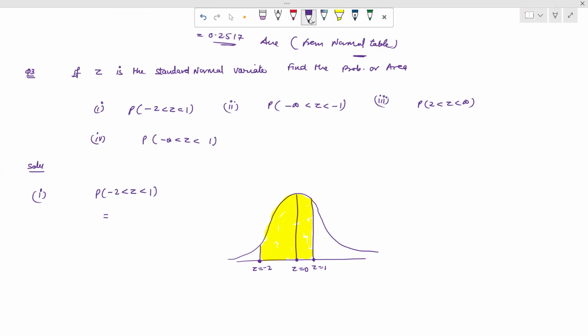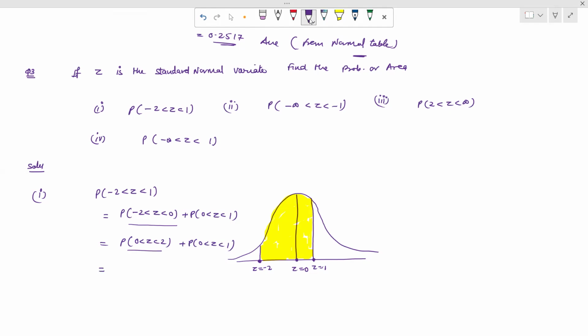So when we write down the probability, we calculate from minus 2 to 0 and the probability from 0 to 1. The area which covers minus 2 to 0 is equal to that covered from 0 to 2. So this can be written as the probability between 0 and 2 plus the probability between 0 and 1.